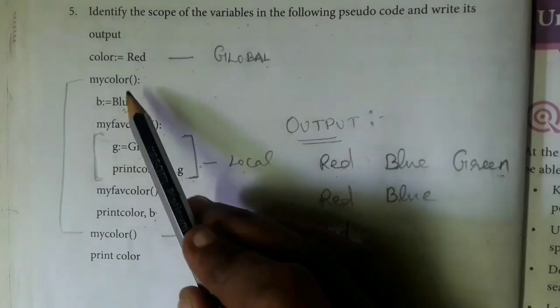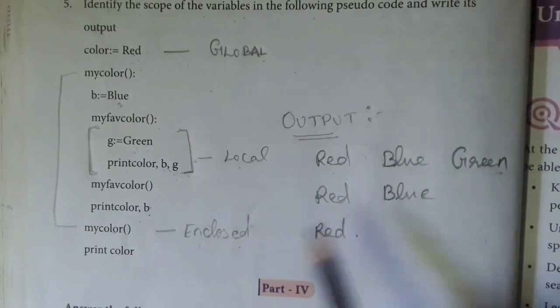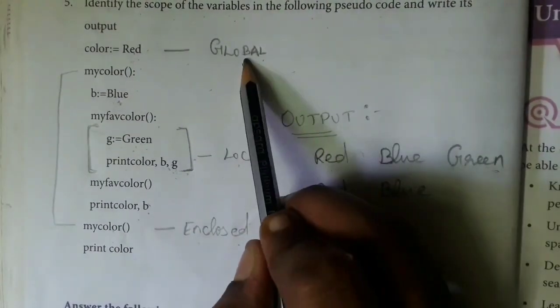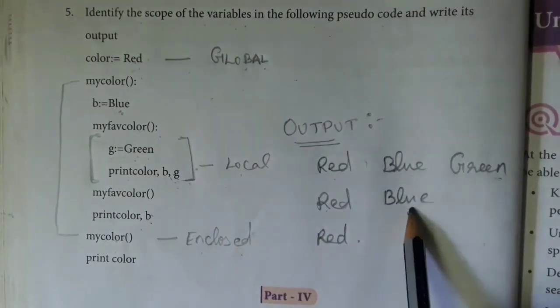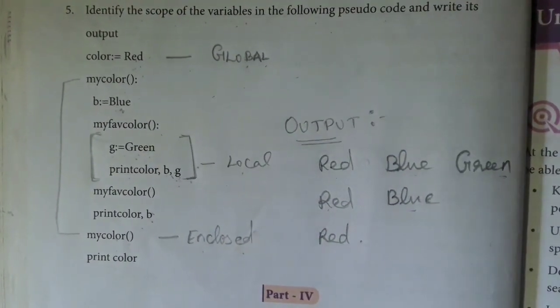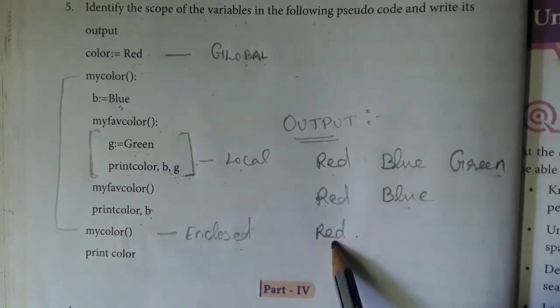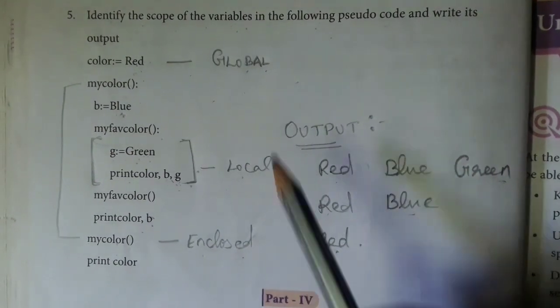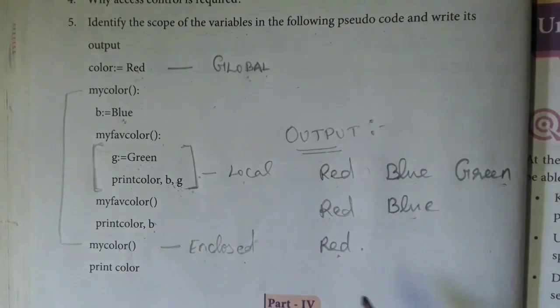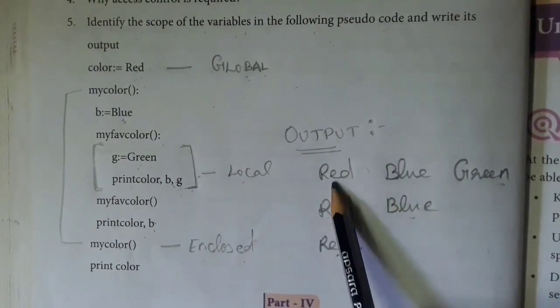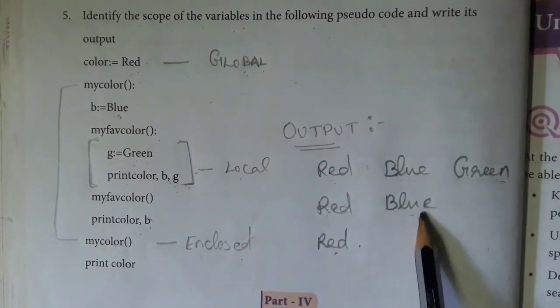When we go for the second execution, my color will be displayed with the global answer. So red and blue. There is no third execution. Finally, red will be printed because it is declared as a global scope. So answer for this program will be red, blue, green, red, blue and red.